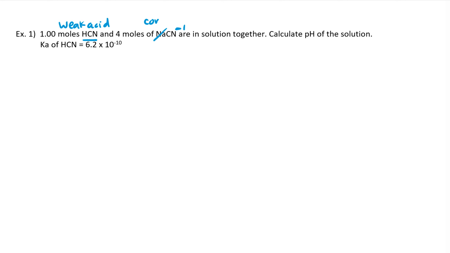That's the conjugate base of hydrocyanic acid. So since I have both of these, weak acid and its conjugate base together in solution, this is really a buffer solution. And sometimes this is the hardest part about a buffer problem, is recognizing that you have a buffer.